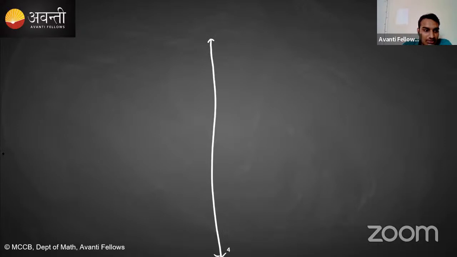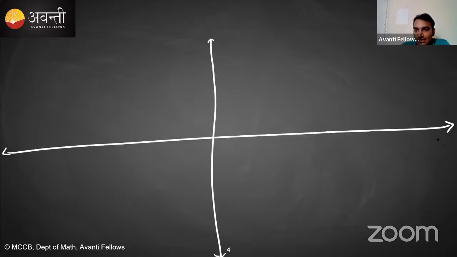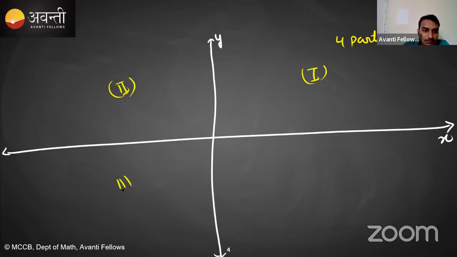If I draw the x-axis here and the y-axis here, this divides our complete screen into 4 parts, the first, second, third, and fourth. These things we already know. Is there any doubt regarding this? I hope nobody has any doubt.